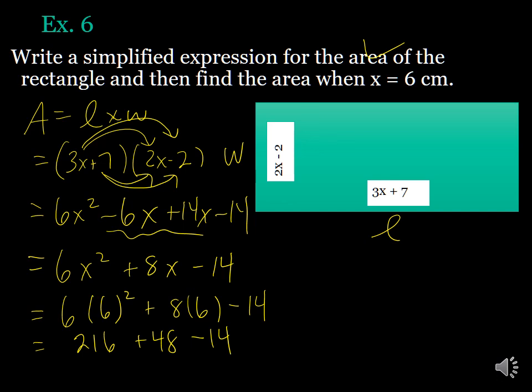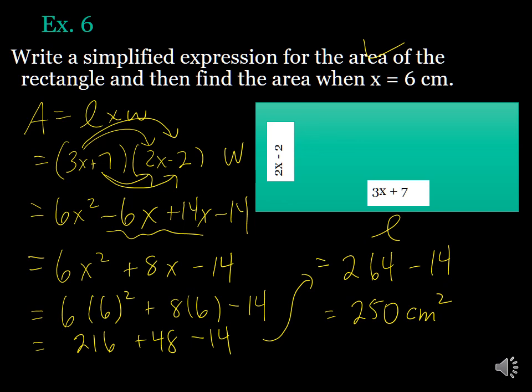And I'll just continue up over here. So if I do 216 plus 48, I'm going to get 264 minus 14. 264 minus 14 is going to give us 250, and then our units would be centimeters squared.